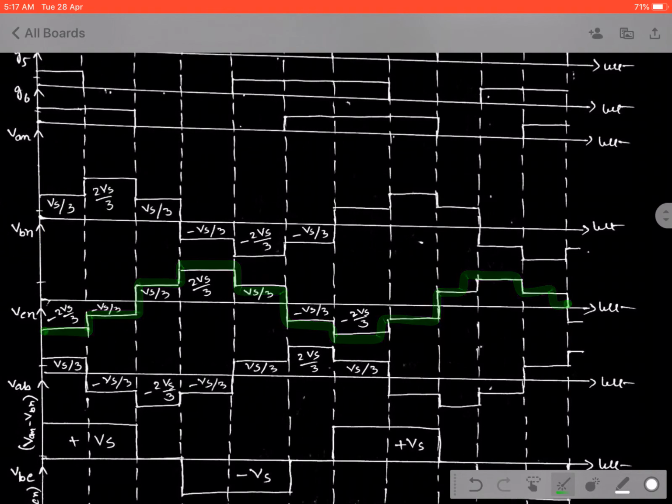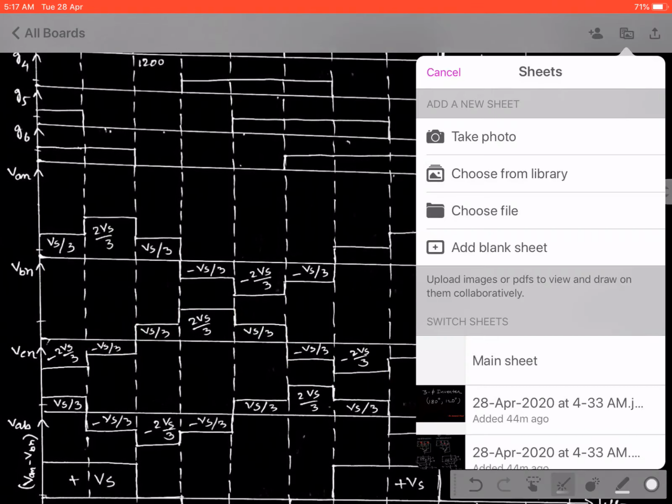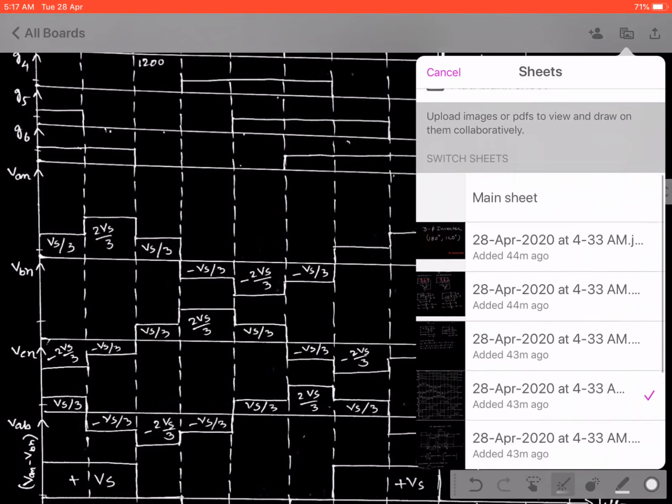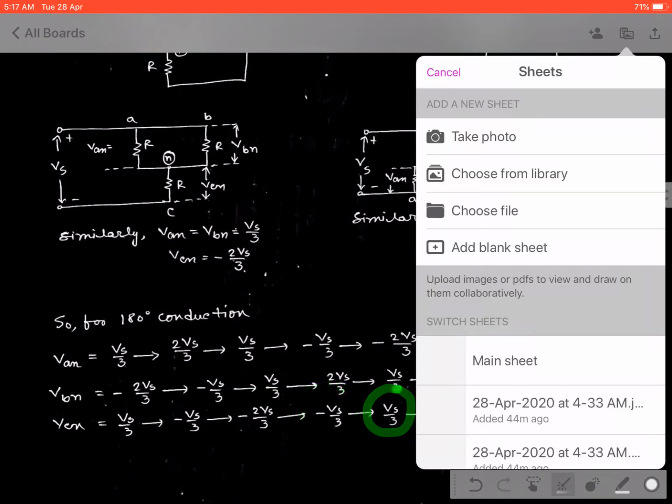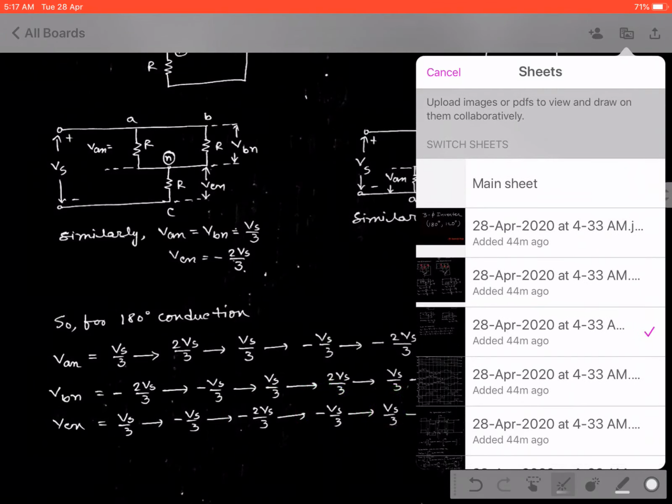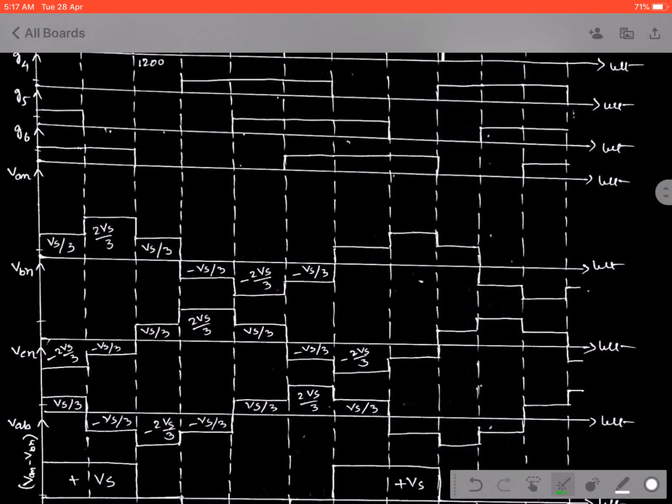Okay. Similarly, the last thing, go through this voltage pattern again, that is considered for the VCN. It has started from Vs by 3, then minus Vs by 3, minus 2 Vs by 3, and it will be continued in this manner.